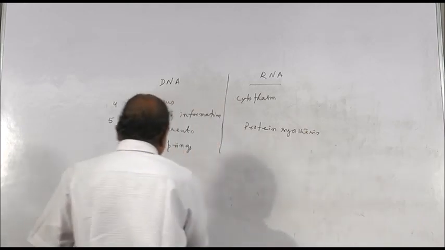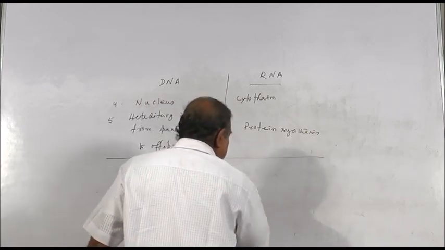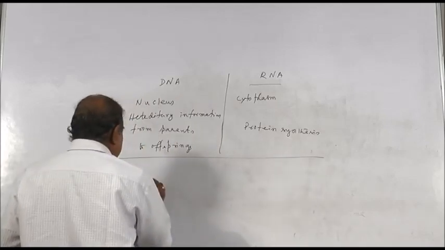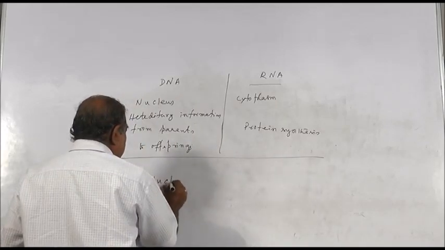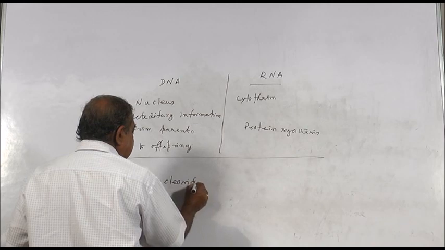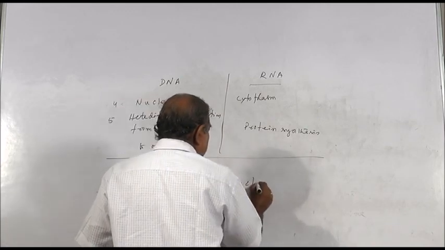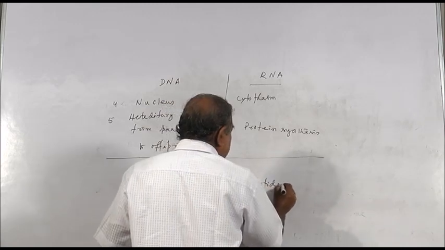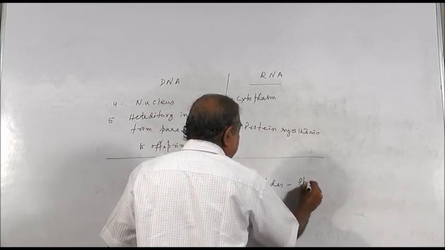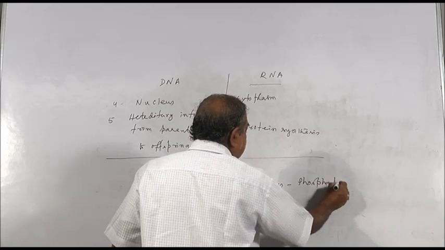So, as I have told you, a nucleic acid is a polymer of nucleotides. There is another word called nucleosides. Nucleosides are obtained when nucleotides are divided of the phosphate unit.